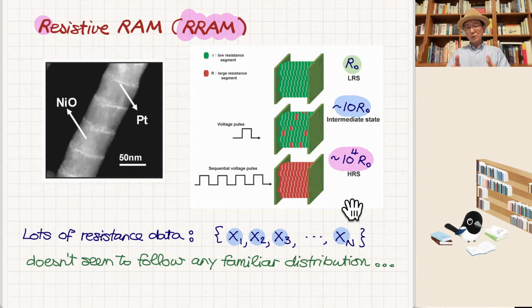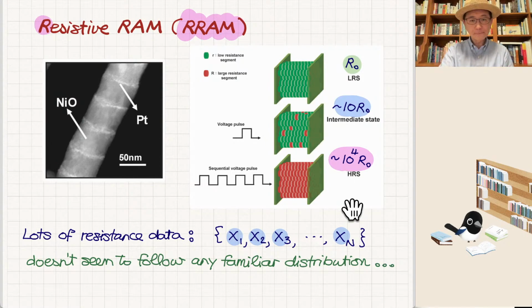Try to remember, I'm not talking about 1 ohm, 2 ohm, 3 ohm differences. I'm talking about 1 ohm, 10 ohm, 10,000 ohm. It's a logarithmic, exponential difference between these states, and thus fluctuation can be largely ignored. In fact, this is one of the very powerful candidates to replace the DRAM that we are using right now.